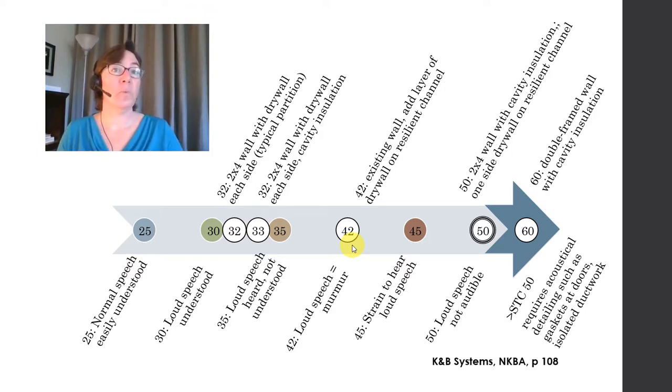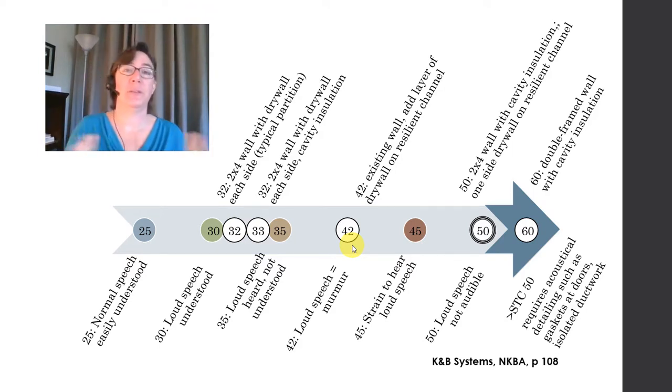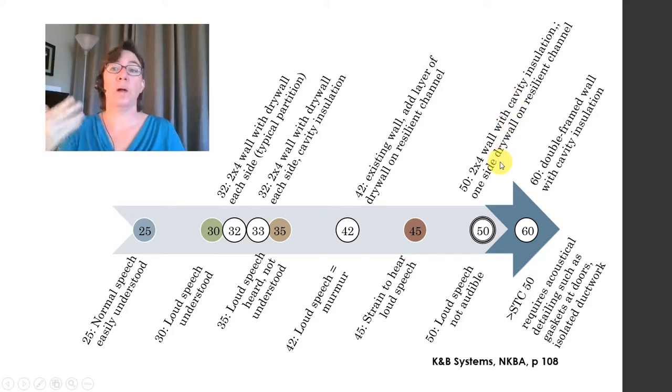If you're building a new wall, so for new construction instead of just retrofits, you can go all the way up to an STC of 50, and that's going to be just a regular 2x4 wall. It will have cavity insulation, so fiberglass batt insulation in between. And on one side of the wall, the drywall is attached using a resilient channel.